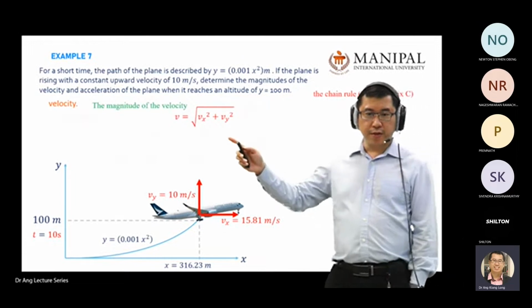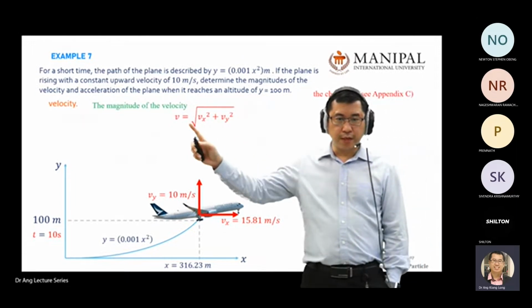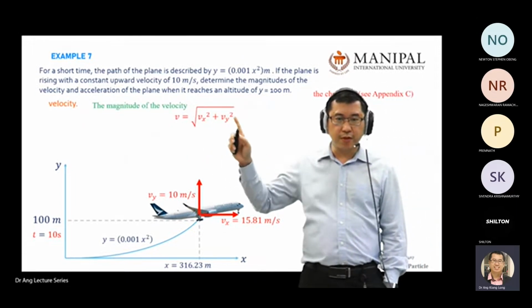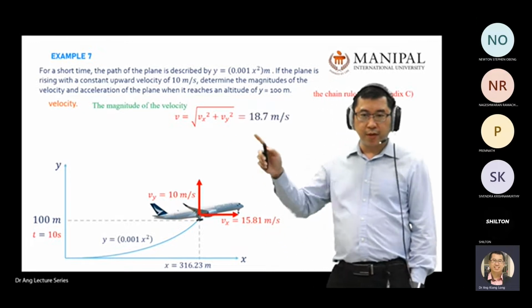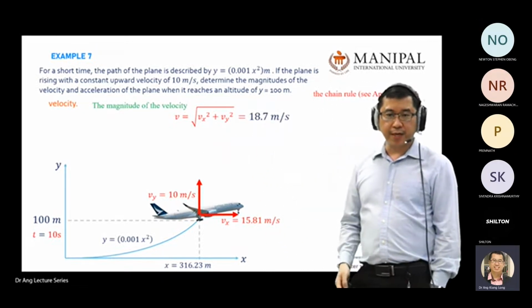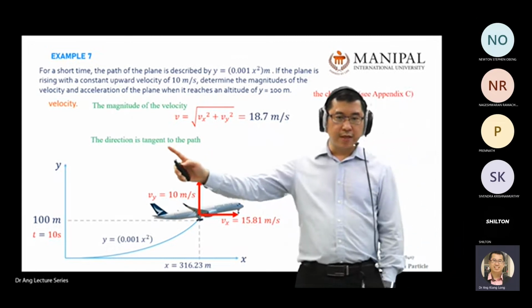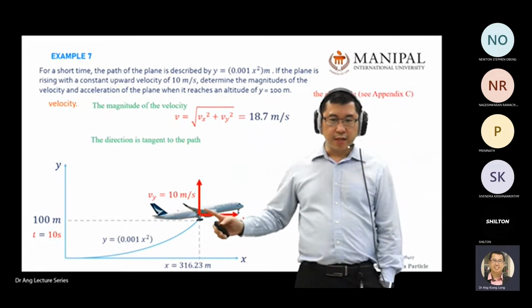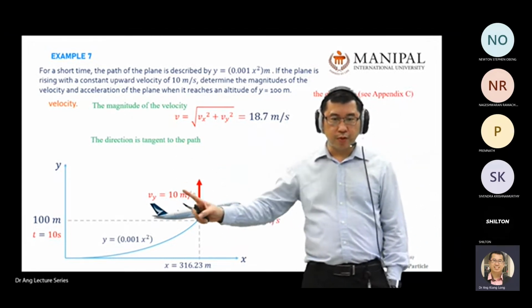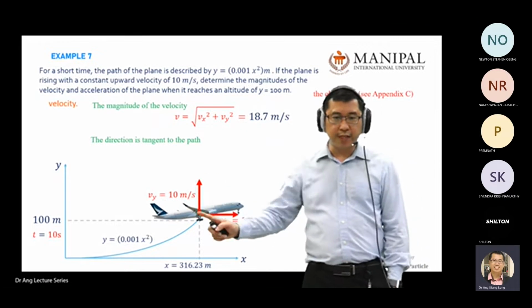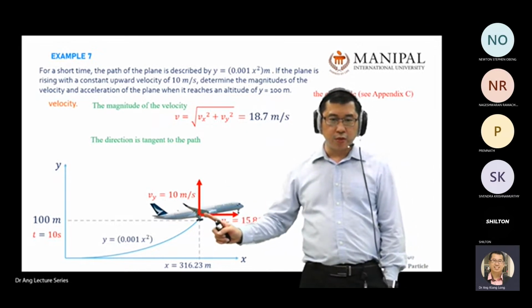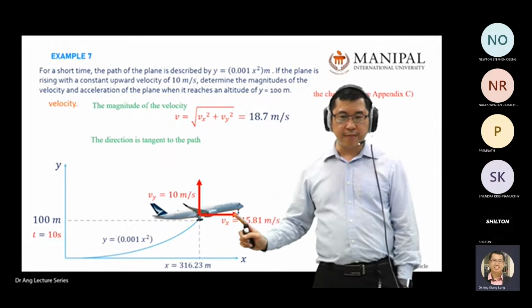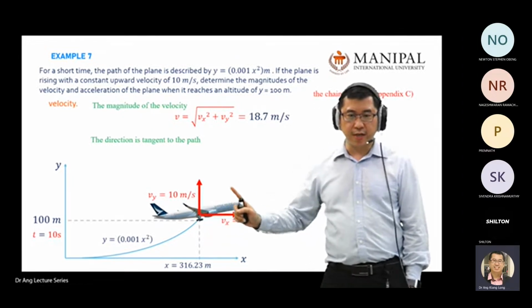For the magnitude, you already know, it is the square root of Vx squared plus Vy squared. Substitute the values, you get 18.7 meters per second. For the direction, when you rearrange this in the vector diagram, you know that this is your resultant, and basically you are solving a triangle question.